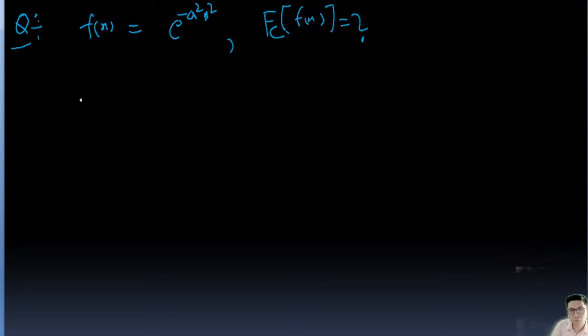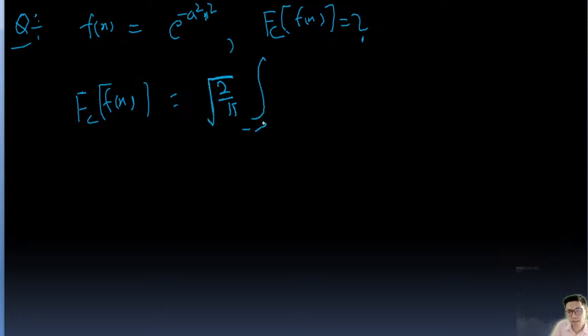So we know the Fourier cosine transformation of fx is going to be root 2 upon pi, integration minus infinity to plus infinity, sorry, my apologies.